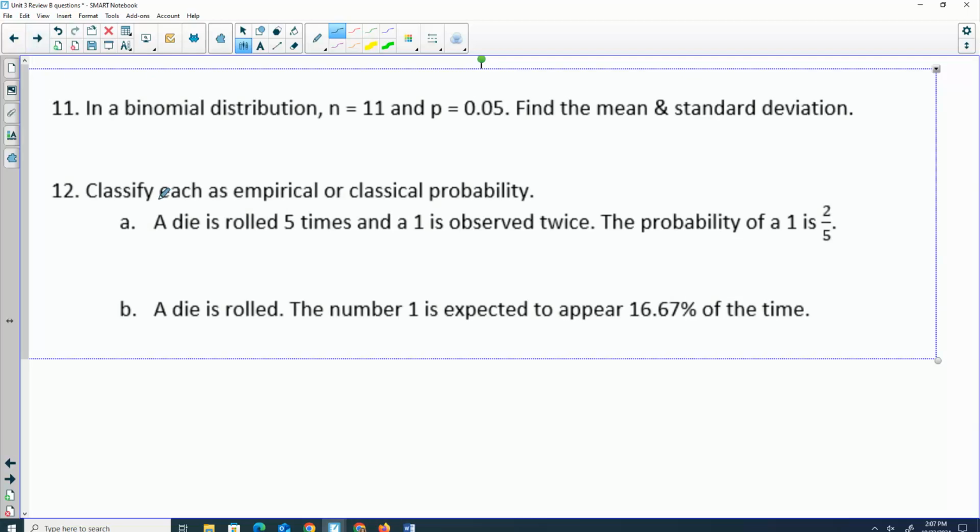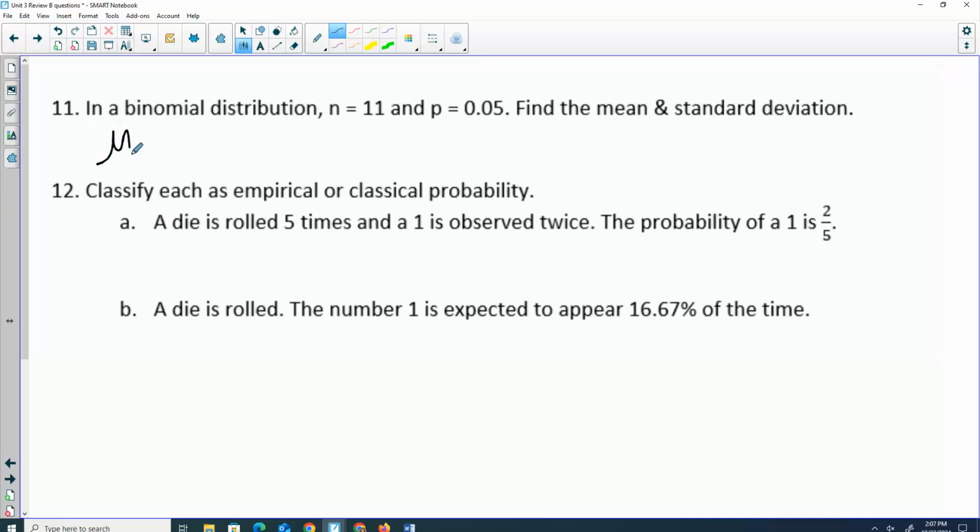A few more questions, see if we can get through them. In a binomial distribution, n is 11 and p is 0.05. Find the mean and standard deviation. So if we look on our formula sheet, back in chapter 6, it tells us in a binomial distribution, the second column, the first one, the mean is just n times p. So 11 times 0.05 gives us 0.55.